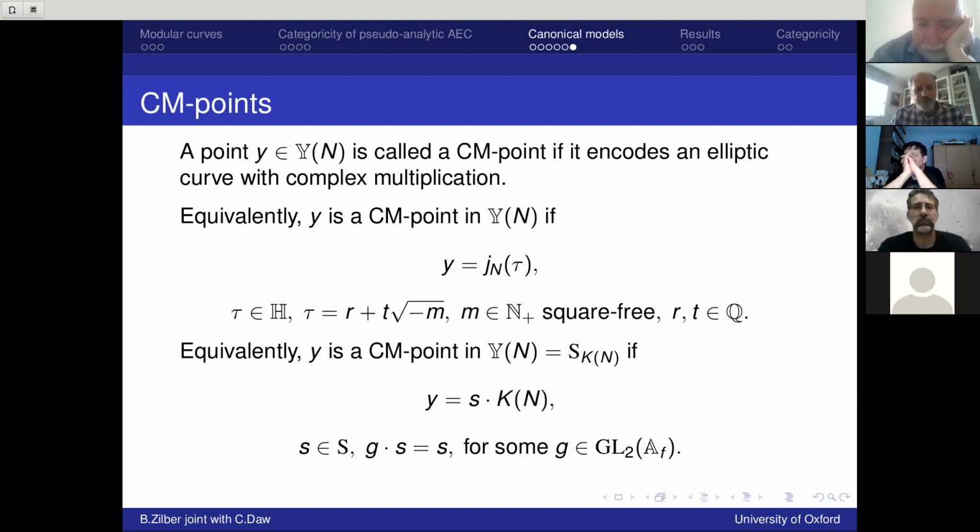So your categoricity theorem fails if you haven't identified properly the relation between the CM points, namely between these points and their adelic realizations. Adelic realization is more appropriate here. So that's what I'm talking about.